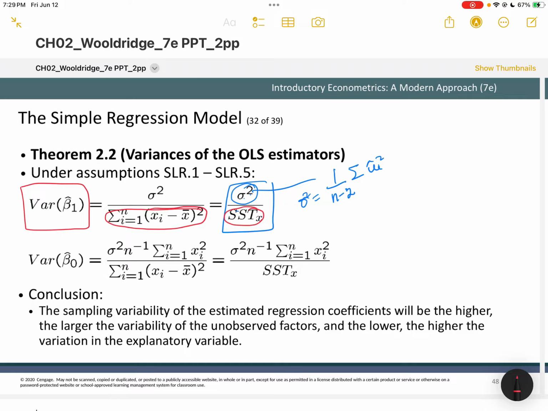And the larger your residual squared, the larger sigma squared, and so the larger your variance.